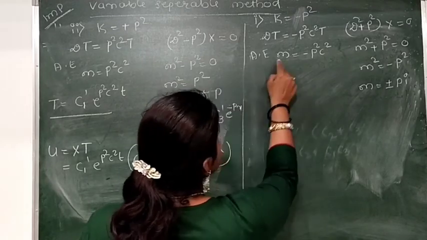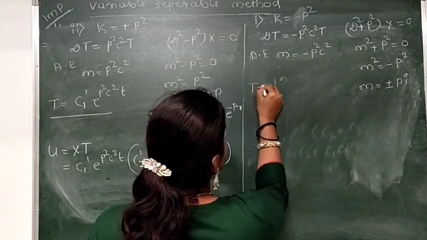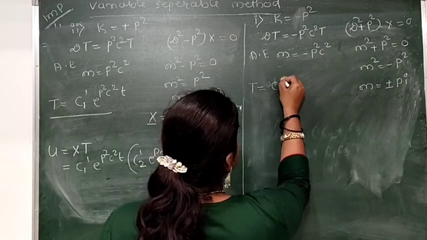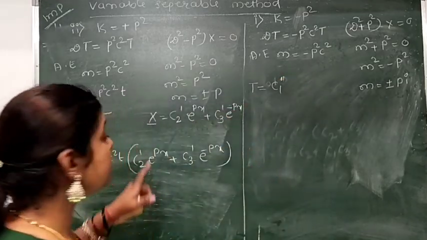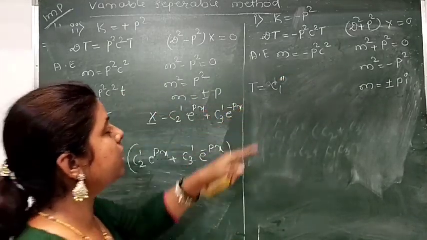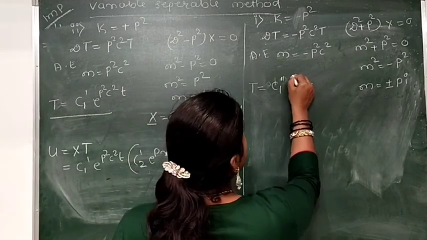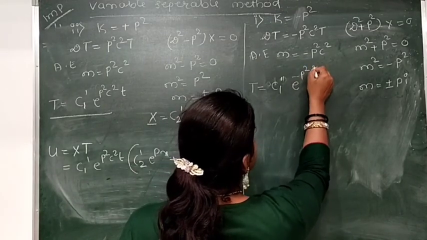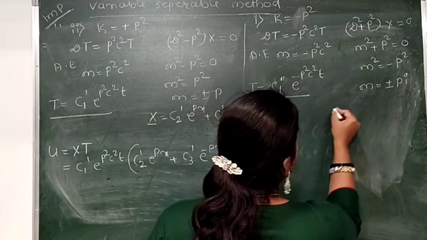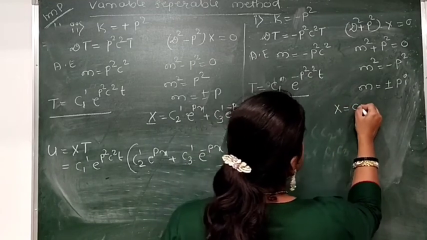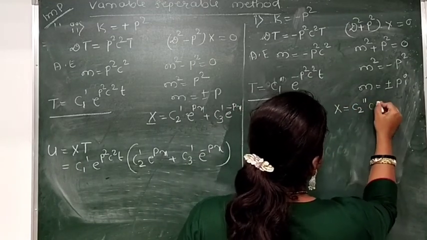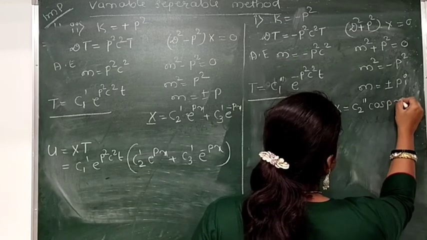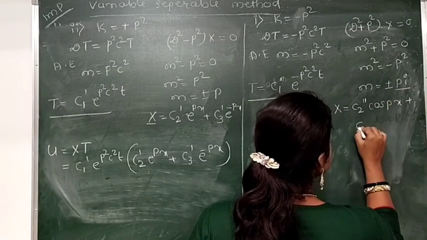Now we write the solution for t here: T = c1'' e^(-p² c² t). Already we have taken c1', so c1''. And for x: X = c2'' cos px + c3'' sin px, because the complex form is there.